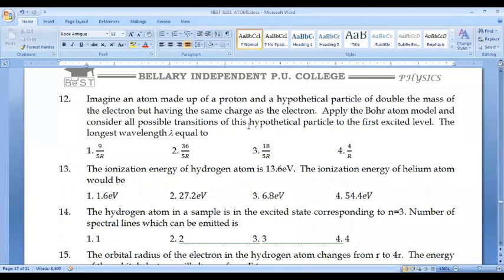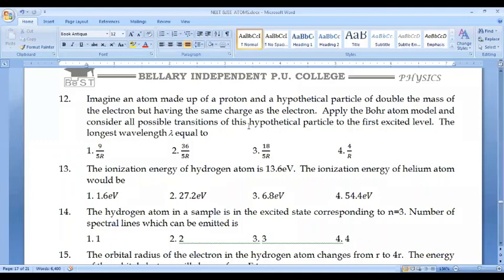Imagine an atom made up of a proton and a hypothetical particle of double the mass of electron, but having the same charge as that of electron. Double the mass of electron but having the same charge as that of the electron.